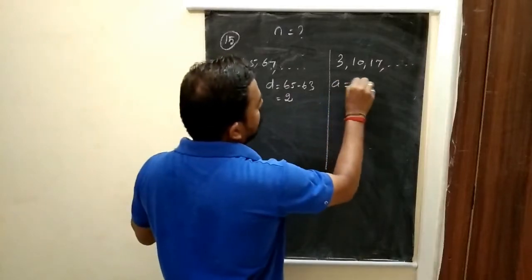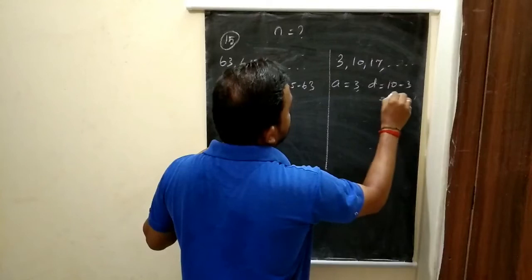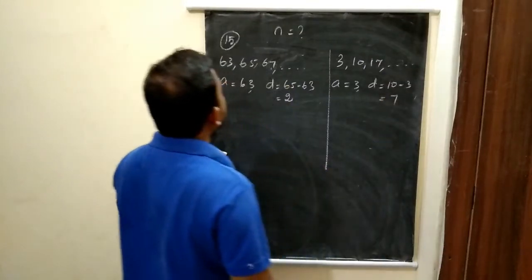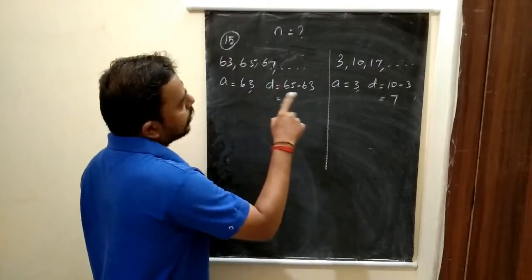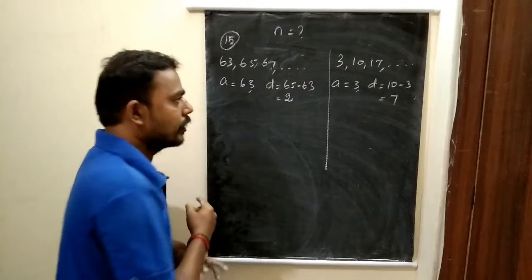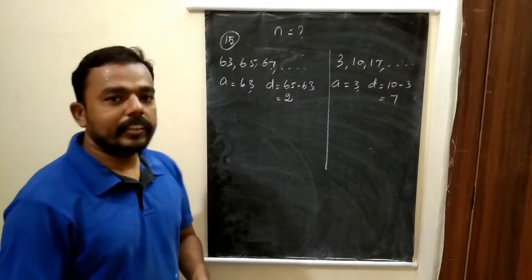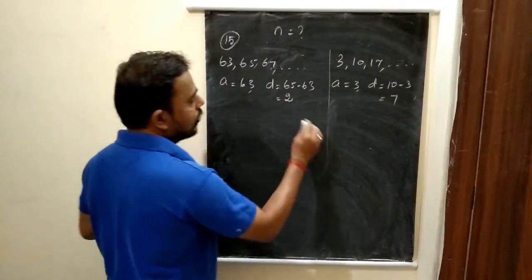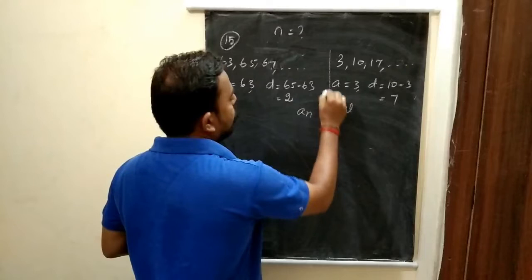Here a equal to 3 and d equal to 10 minus 3, that is 7. It's increasing by 2, and it's increasing by 3. Definitely it's going to meet. At what value are the nth terms equal?